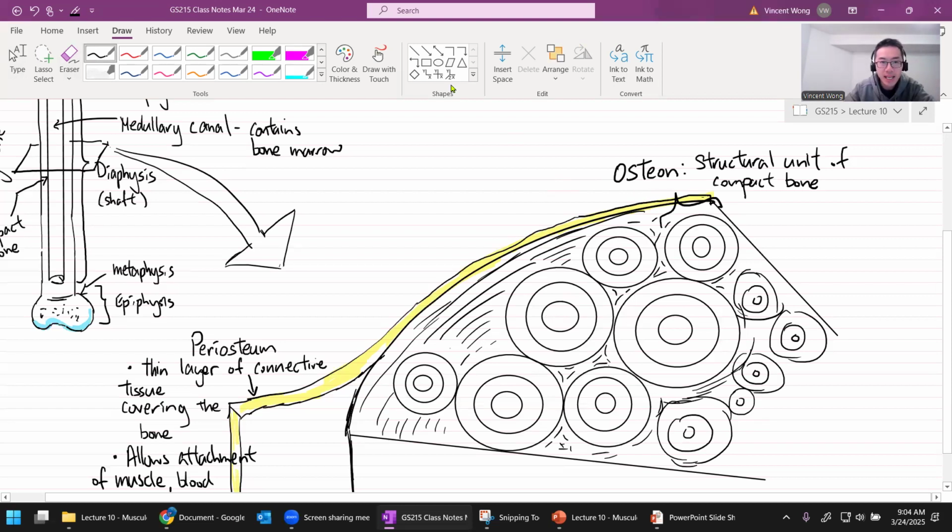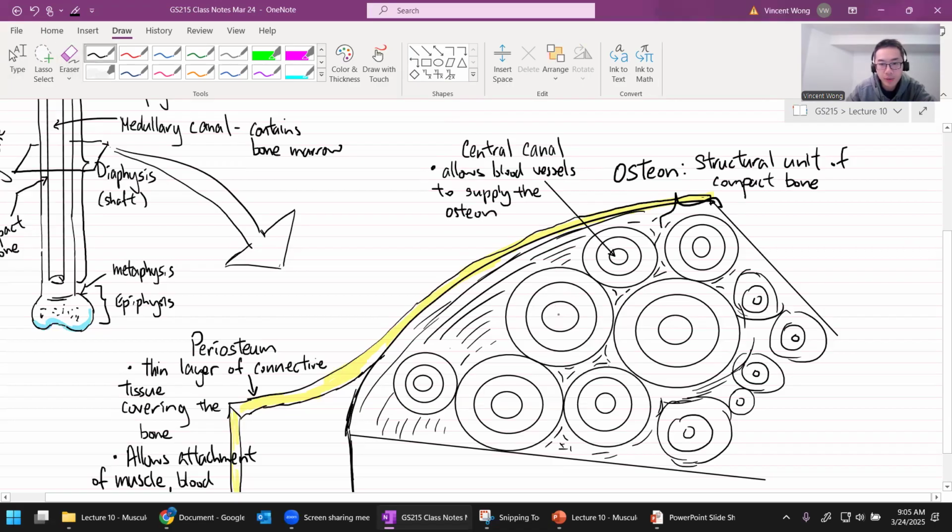Now at the center of each osteon, we have what's called the central canal. It's the same name as the one inside the spinal cord. This central canal allows blood vessels to supply the osteon.